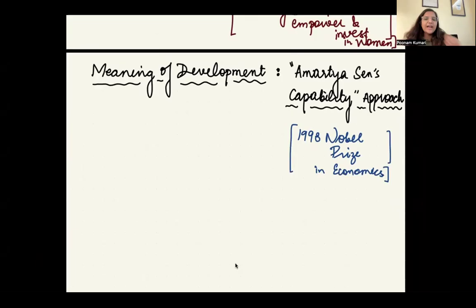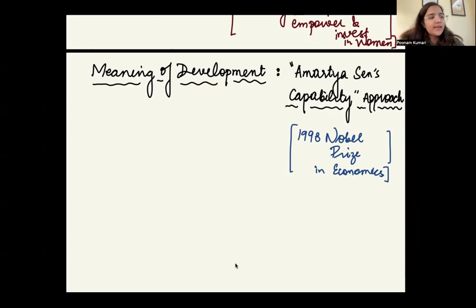And he gave this idea that poverty is not just absence of consumption, या फिर आप किसी को products दे दो या उसके consumption को बढ़ा दो. That doesn't mean you have removed poverty.